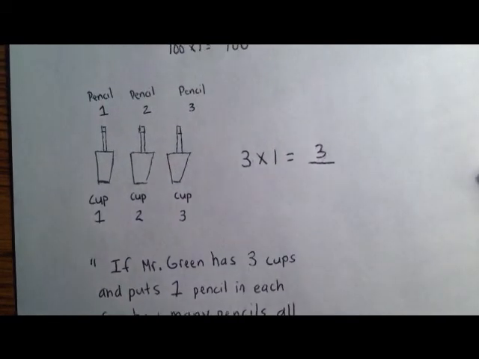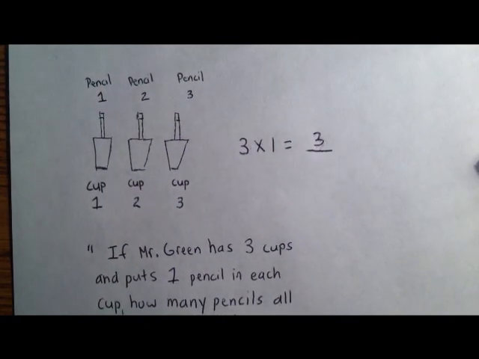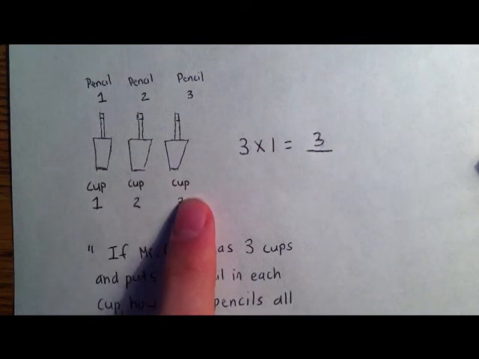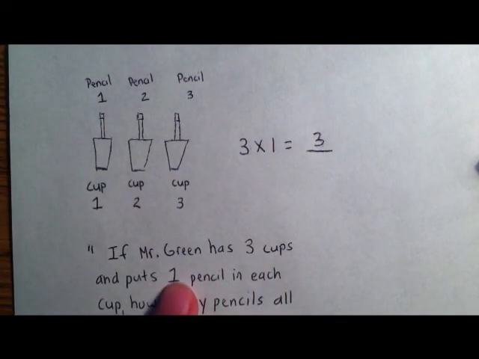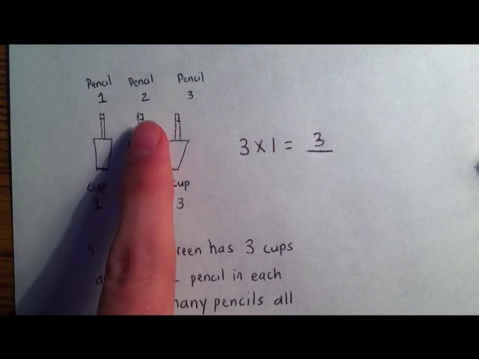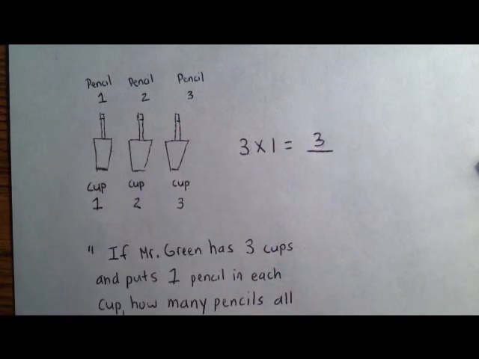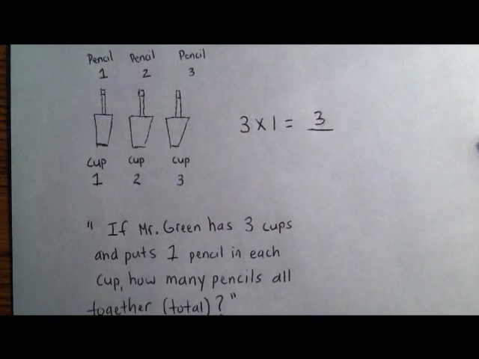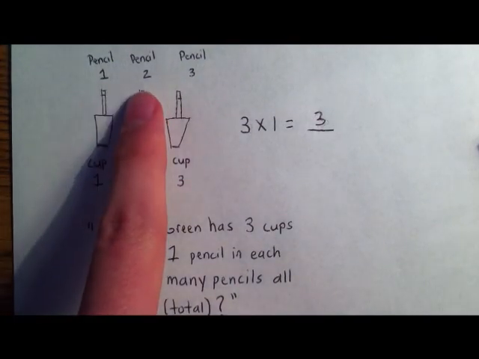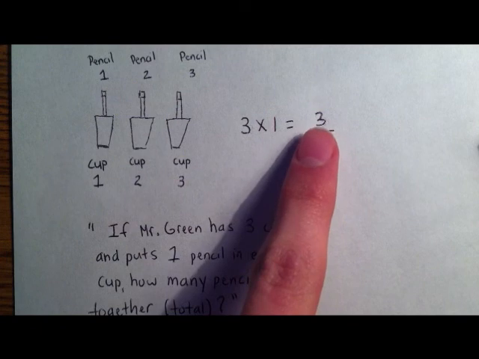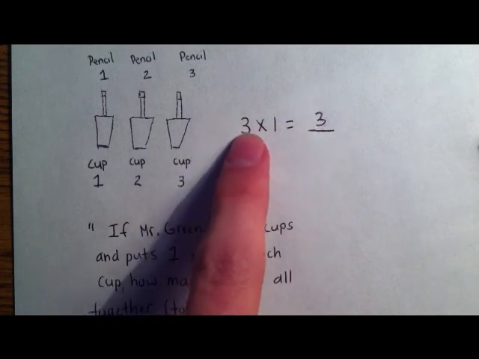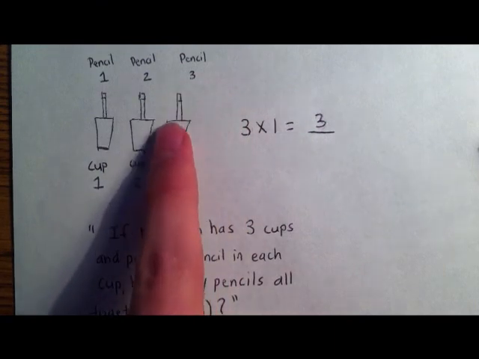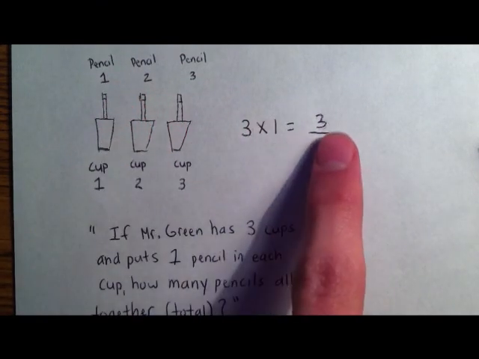As you can see, I've drawn 3 cups, cup 1, cup 2, and cup 3. In each cup, like it says, I've put 1 pencil. How many pencils altogether? You just count them: 1, 2, 3. So the answer would be 3, because you have 3 cups and 1 pencil in each.